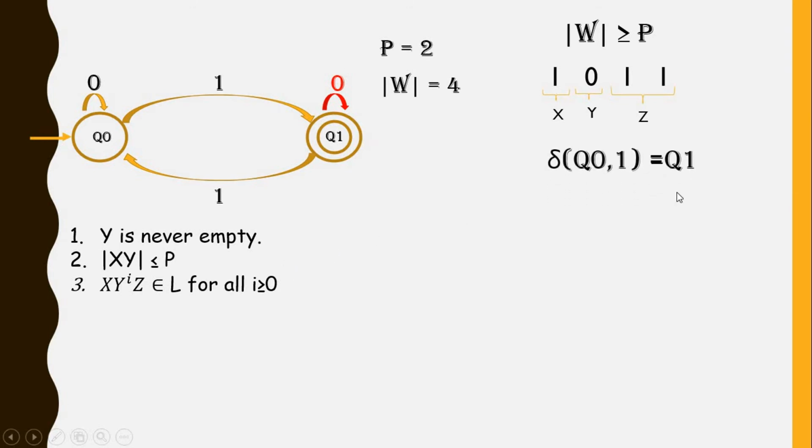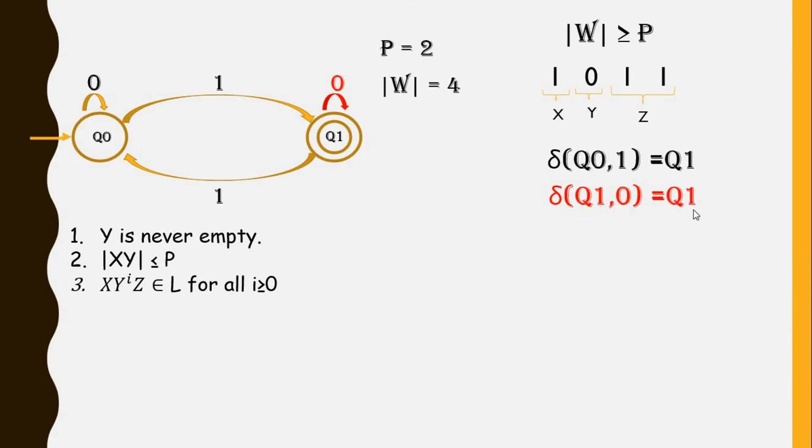Now let's look at the transition function. The looping part is in red, as before. That's the Y part that we're going to pump up or pump down. So you start in Q0 and you go to Q1 on getting input 1, right? Like this. Then you stay in Q1 on getting input 0.